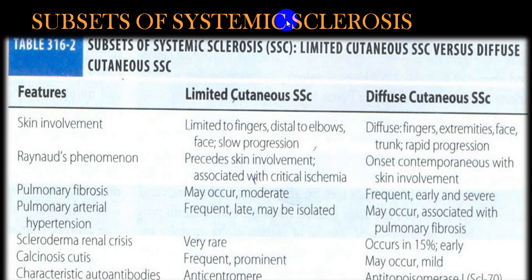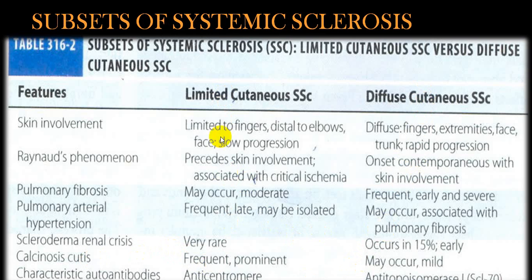In the subsets of systemic sclerosis, limited cutaneous and diffuse, again the same: skin, Raynaud's phenomena, pulmonary fibrosis, pulmonary hypertension. Renal crisis will be more common in diffuse as compared to limited, where it is absolutely rare. Calcinosis cutis is more common in limited variety, very uncommon in diffuse variety.